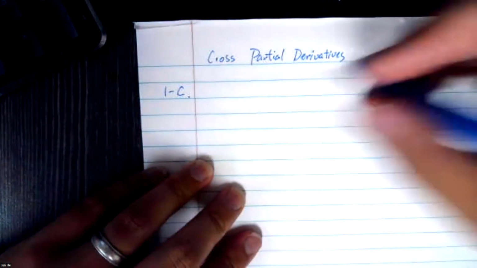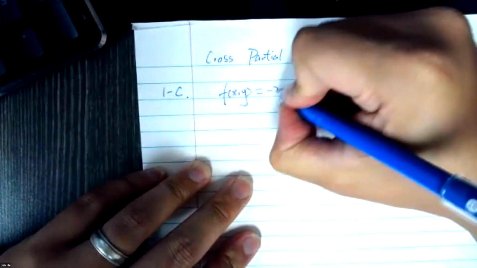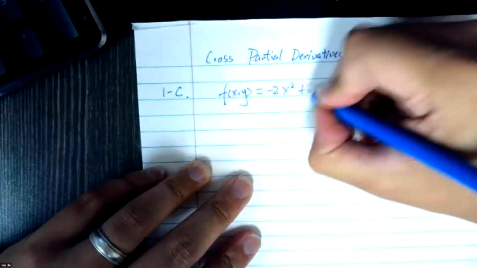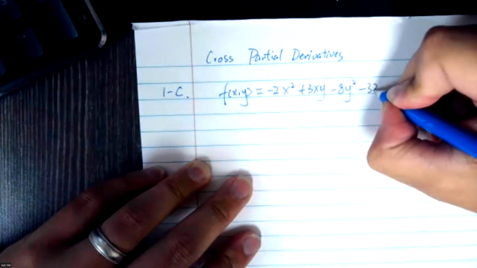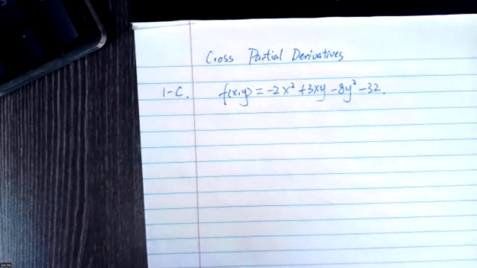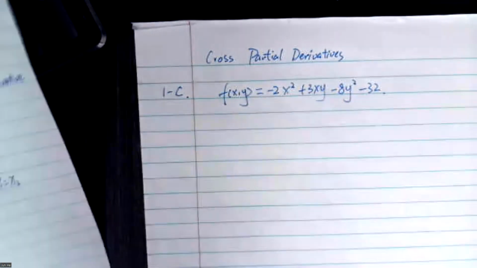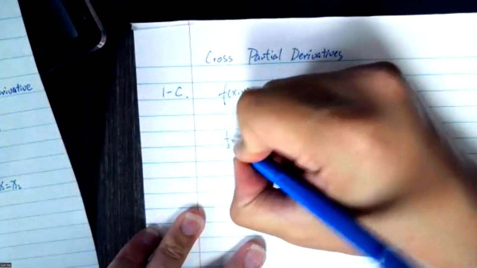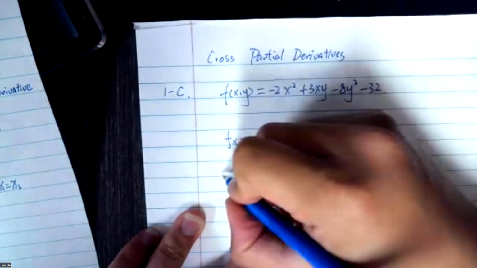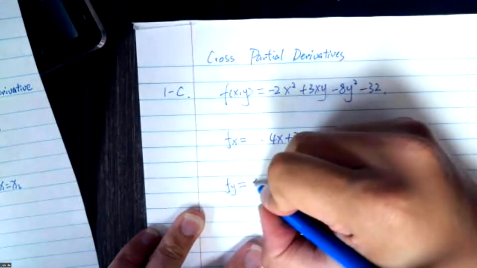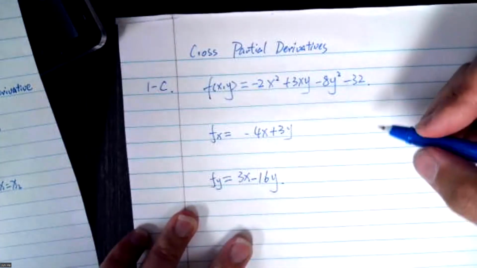It is still the same function, and let's invoke the previous result. F partial on x equals minus 4x plus 3y. F partial on y equals 3x minus 16y. Now you are asked to do the cross.